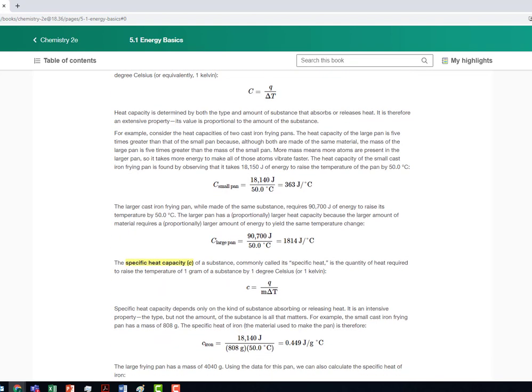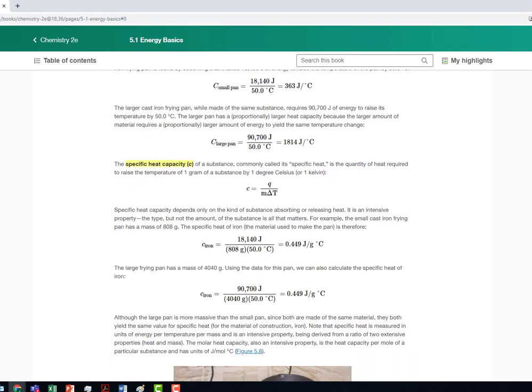So here we're showing how we might find the specific heat of, I guess, the small pan. So we have the energy that was transferred. We have the mass of that small pan. We have the change in temperature, and we do all the math to get the specific heat.